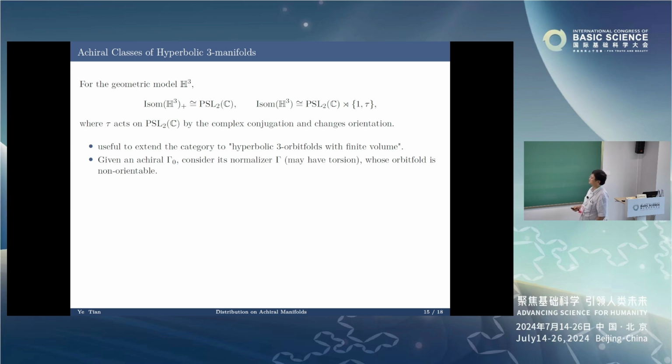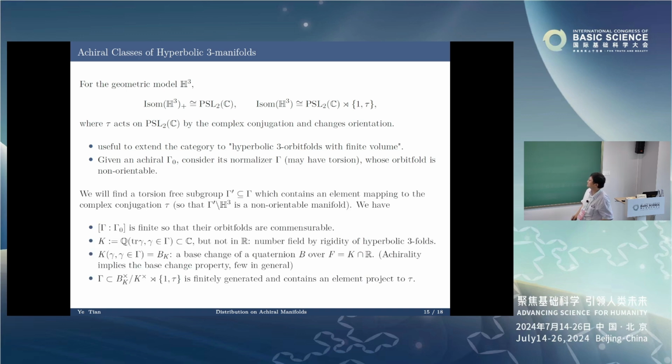Then you get a non-orientable orbifold. And our goal is this: if you start with a chiral class, say gamma 0, and you only think about manifolds, then you try to find a non-orientable manifold in the class.